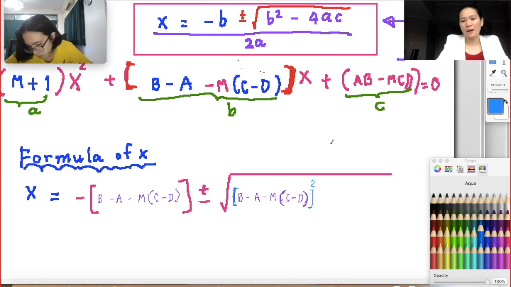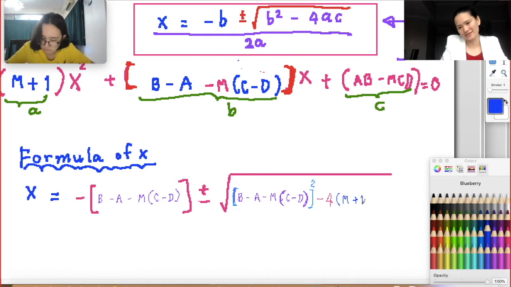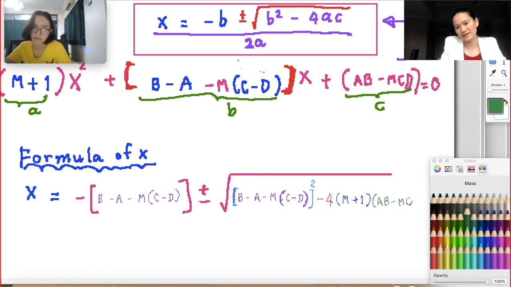Next one, minus 4. Here, a. What is a? a is m plus 1, and you put the bracket. Minus 4a, m plus 1. And c. What is c? We know that c is a b minus m c d, in the bracket.